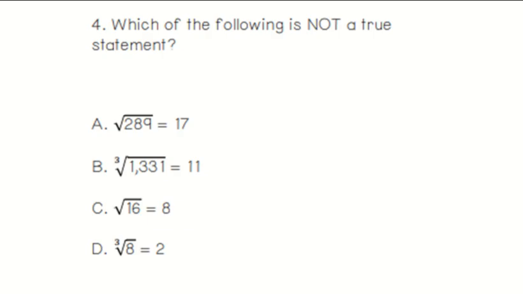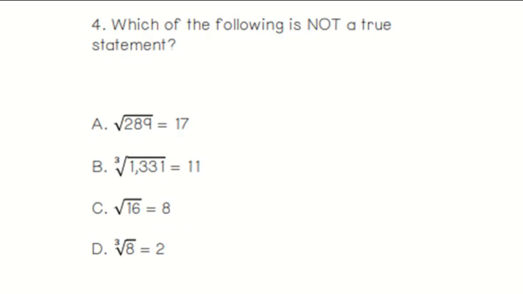All right, so we look at this one. It's asking which one's not true. So we got A here says square root of 289 equals 17. B, cube root of 1,331 equals 11. C, square root of 16 equals 8.